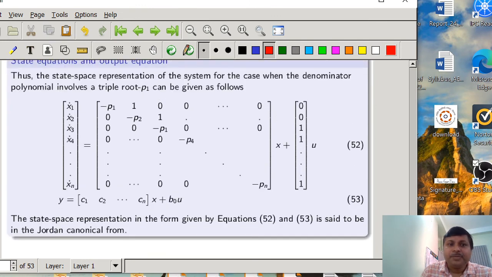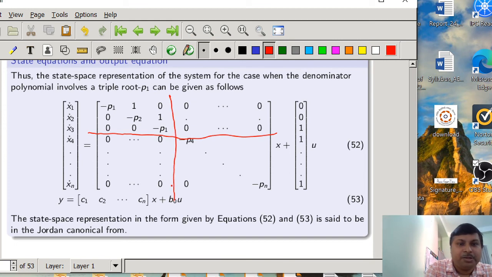For the first three states, x1 dot, x2 dot and x3 dot, you can clearly divide this matrix in this way. First, you can see that minus p4 to minus pn is purely a diagonal matrix. This sub matrix is purely diagonal because p4 to pn, all the poles or the eigenvalues, are distinct.